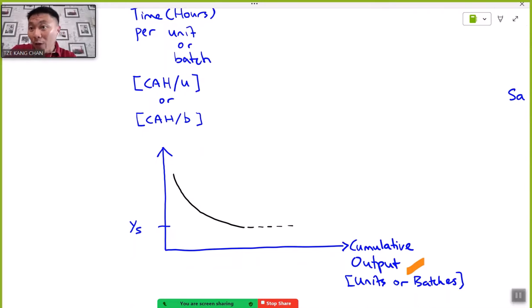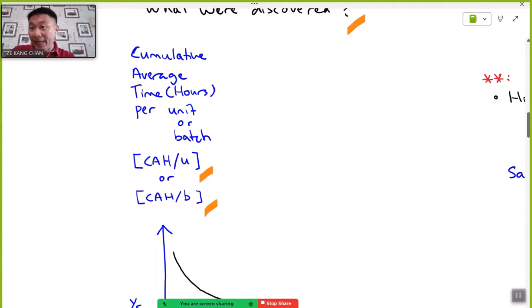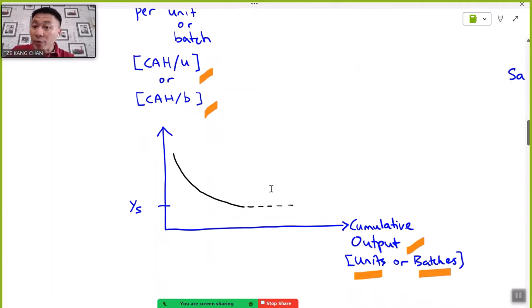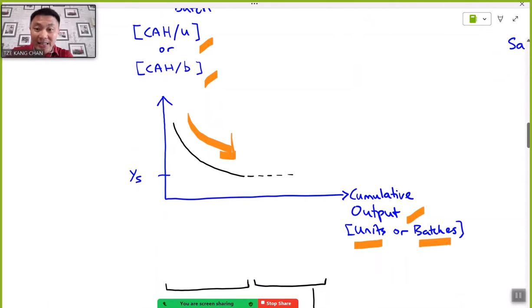When the cumulative output, which could be measured either by units or by batches depending on the nature of the production, increases, it is discovered that the cumulative average time, measured in hours per unit or per batch, from now on referred to as CAH per U or CAH per B, will decline as the workers pick up skills and experience as production increases.